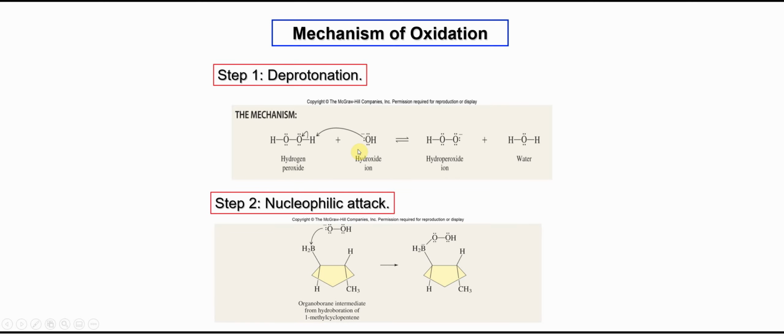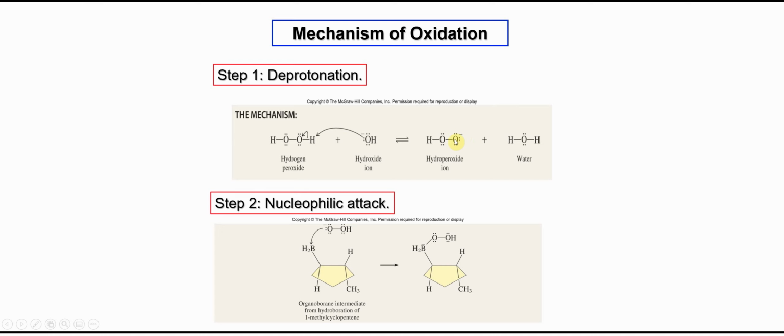Deprotonation means you have your hydrogen peroxide and your hydroxide. They are going to undergo a deprotonation process. What's going to happen? This proton from your peroxide is going to be attracted by the lone pair from your hydroxide. Therefore, you form a water molecule, and then you form a negatively charged hydroperoxide ion.